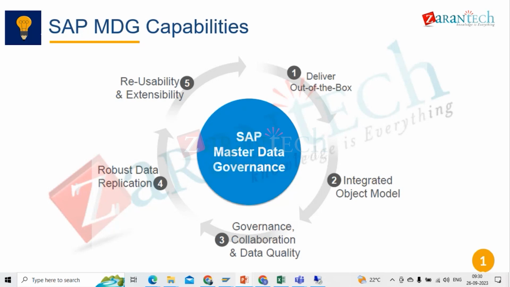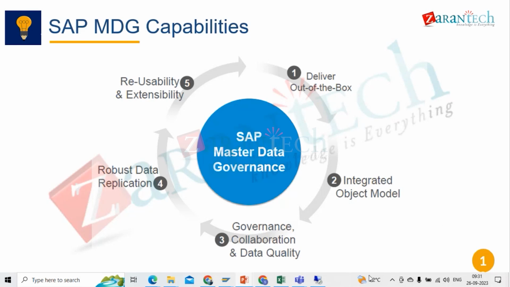Here in the object models, we have two types of data models. One is OG, which is used for FI financials and finance controlling master data, and the reuse model is used for material master and business partner.